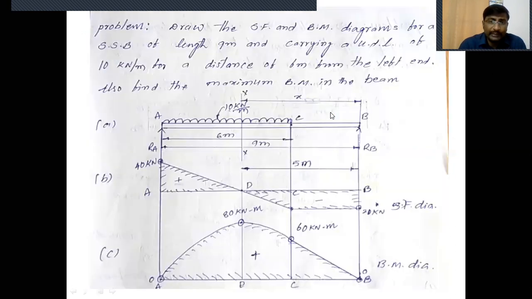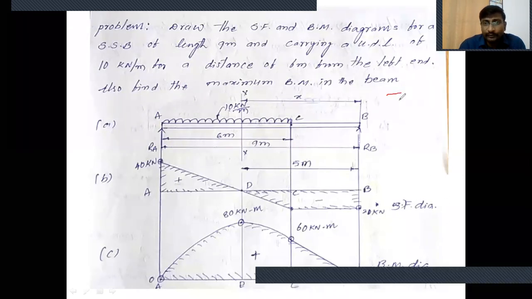Then another equilibrium equation is by taking the moment at point A. That means the algebraic summation of all the moments: RB is one of the forces on the right side, and the load intensity is also on the right side of point A. So sigma MA equal to 0, the moment equilibrium equation, and then we can get the RA and RB values.